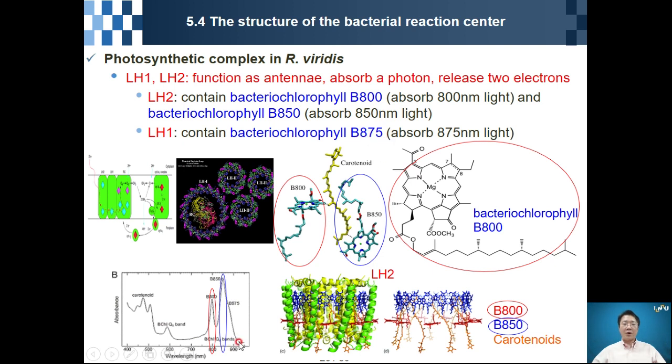So this absorbs around 875 nanometer wavelength light. Okay. So LH1 and LH2 function as antennas. So the main function is to absorb a photon. After that, it will release 2 electrons.